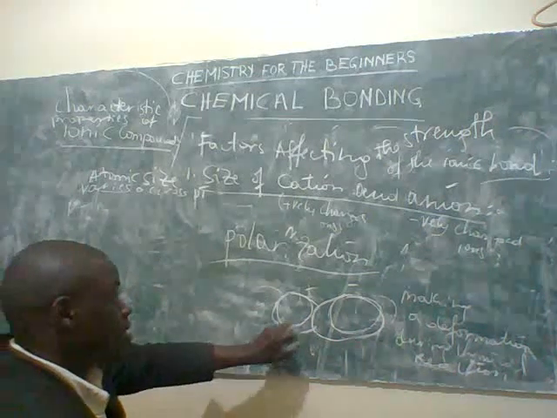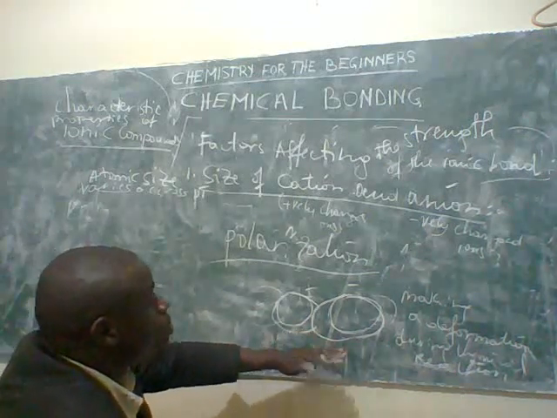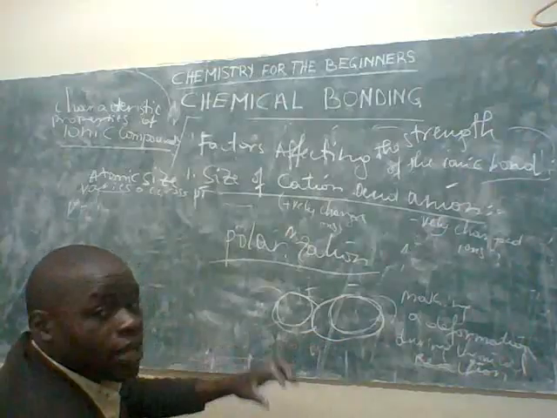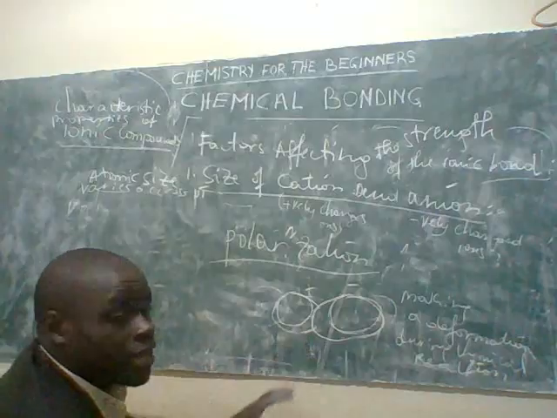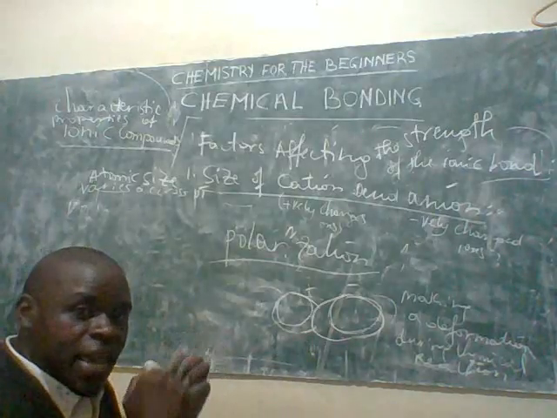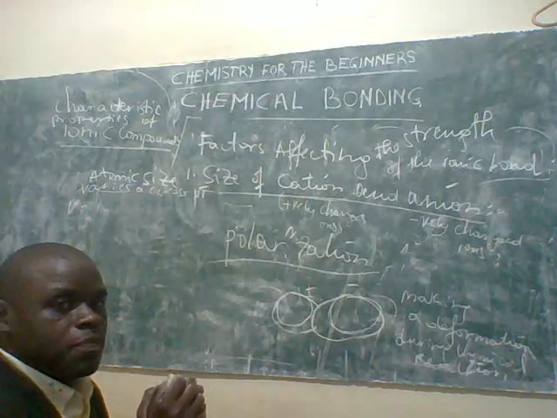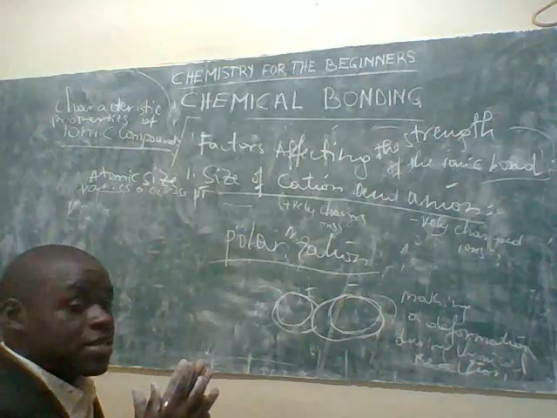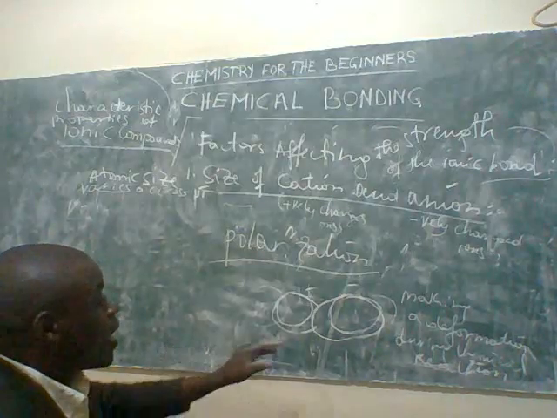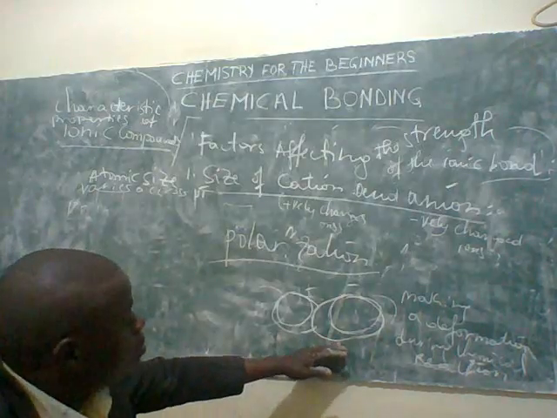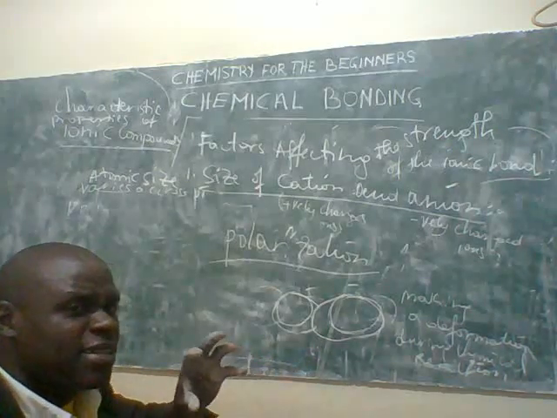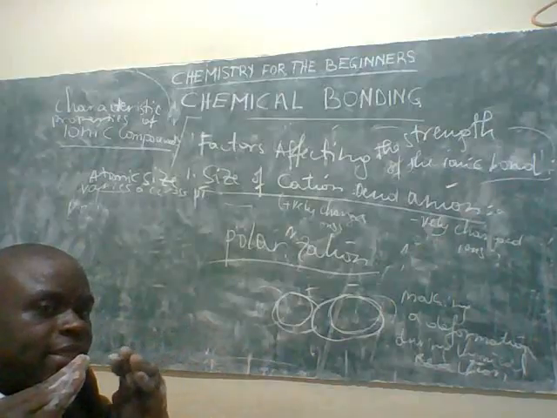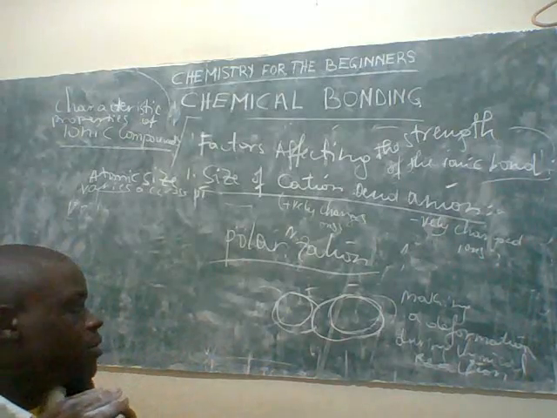If something is polar, if they say that an atom is polar, it means that it changes its shape when it is reacting. We call them polarized. When ionic bonds get a reaction, they change their form.